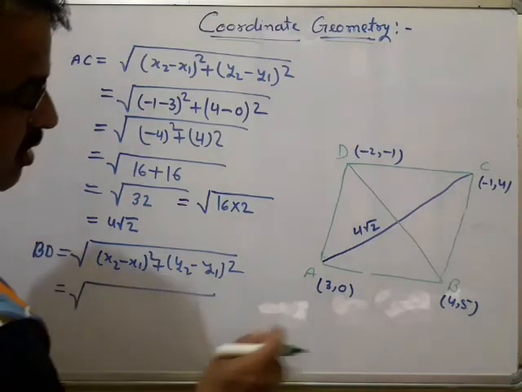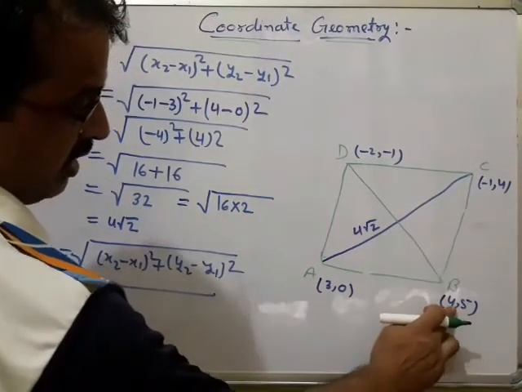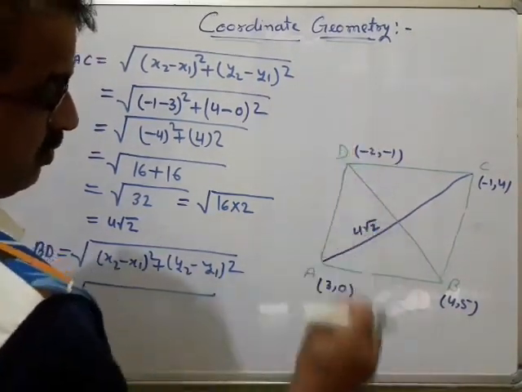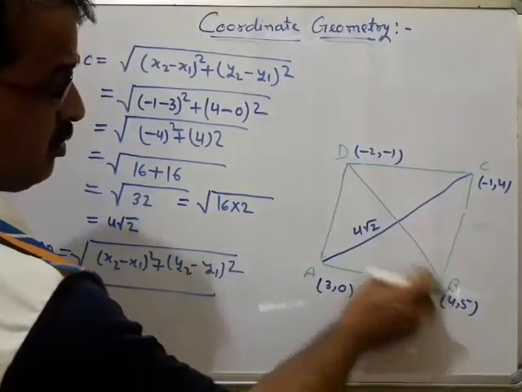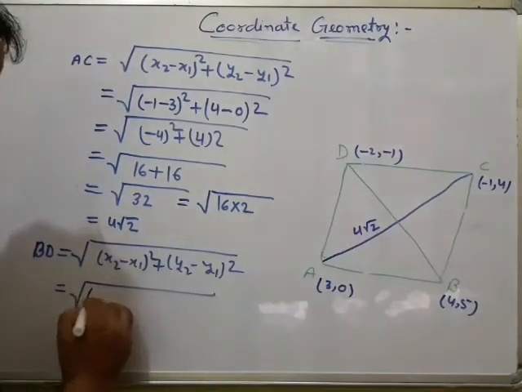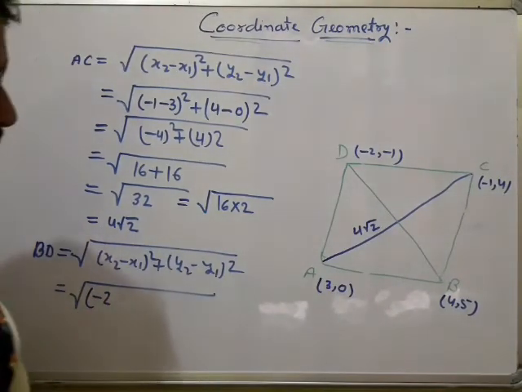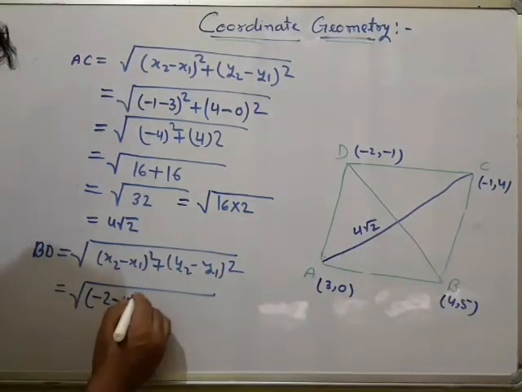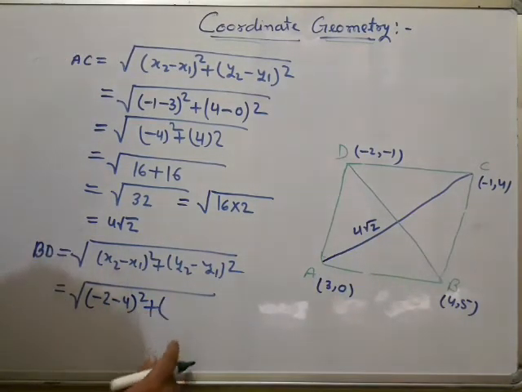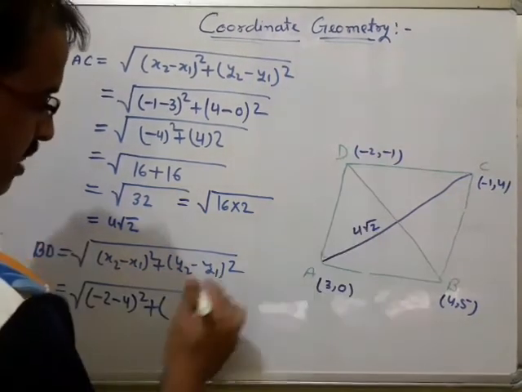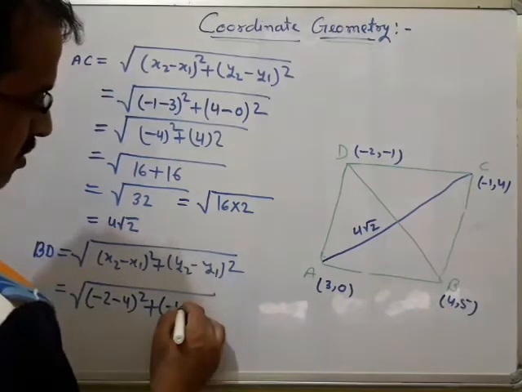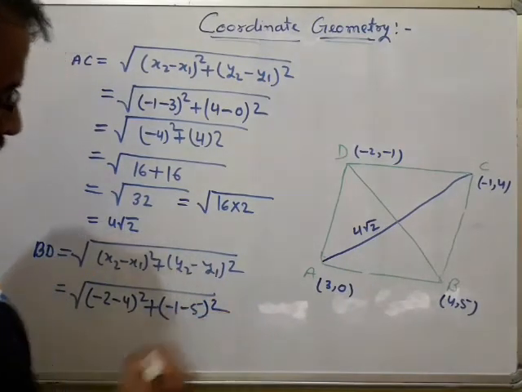So x2 here is -2 and x1 here is -4, whole square, plus y2 here is -1 and y1 here is -5, whole square.